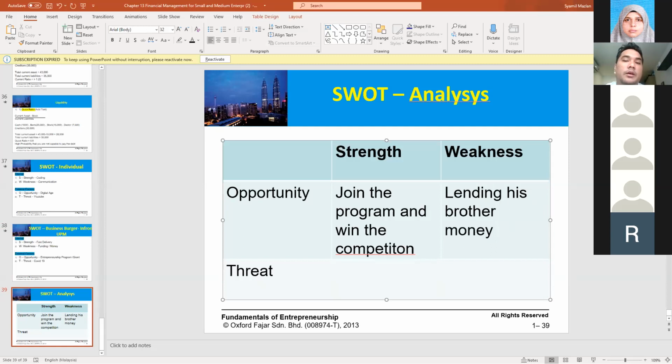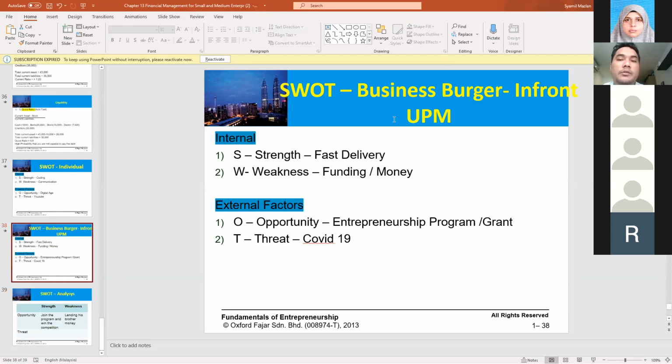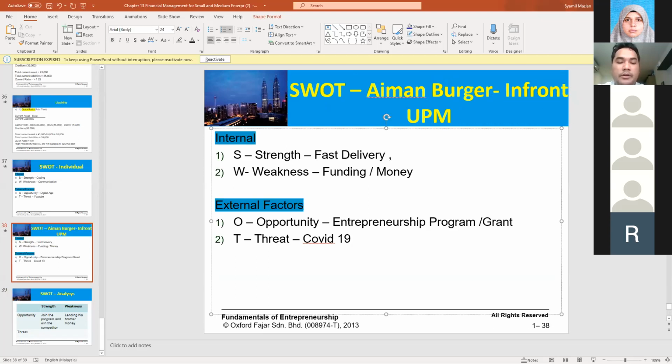Okay, next is how you want to use your strength to overcome the threat. Now you have a strength, for example, now is COVID-19. So for example, Aiman's Business Burger has a strength of fast delivery and tech savvy.